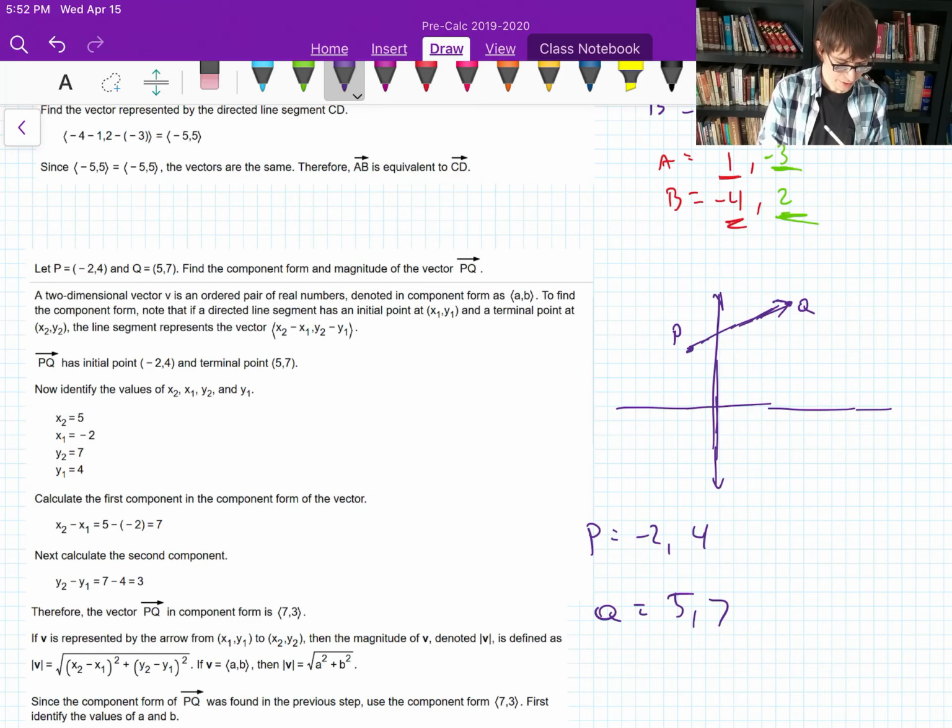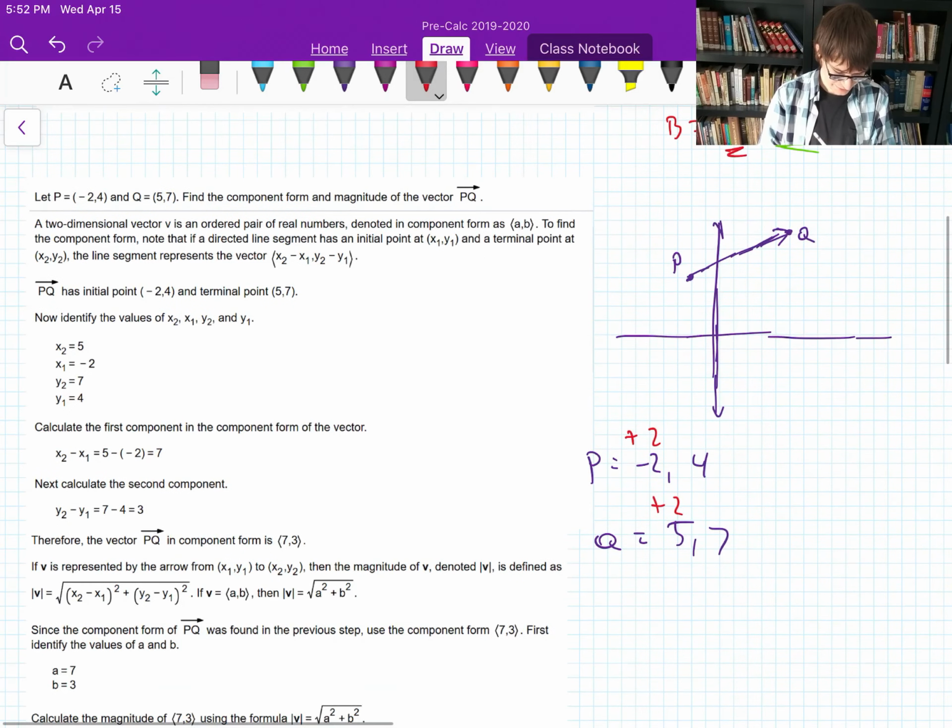On the x side, I'll translate it right 2 units because I need to get P to the right a bit. So I'll add 2, add 2. Whatever I do to P, I have to do to Q. So we'll get 0 and then 7. And so P and Q become that.